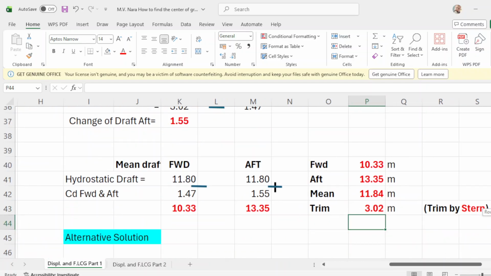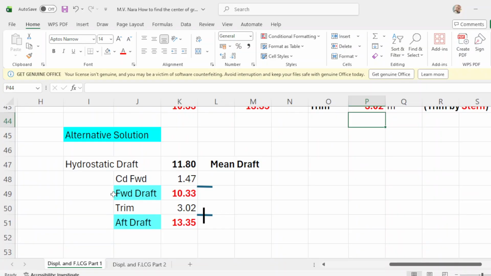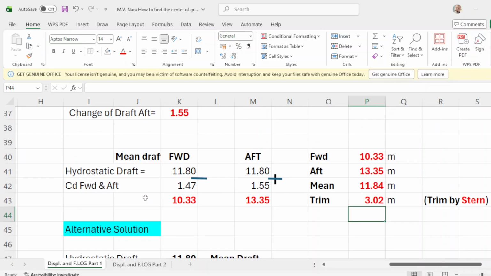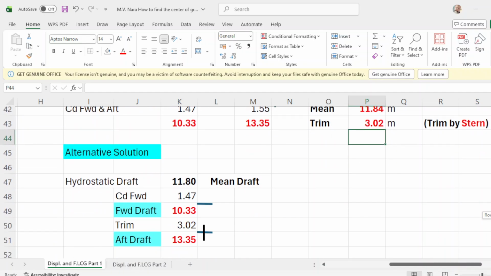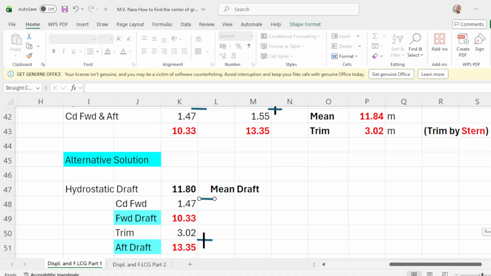Then there's another solution here. Your hydrostatic drop is 11.80, which is this one. Minus your change of drop forward, which is 1.47. So your forward drop is 10.33, which is the same as here, plus your trim of 3.02. You add this one, then your up drop will be 13.35, which is the same.